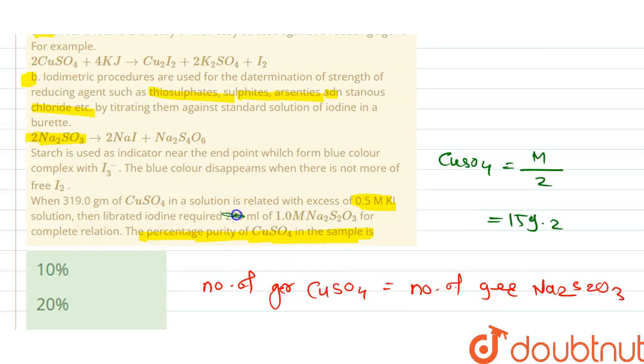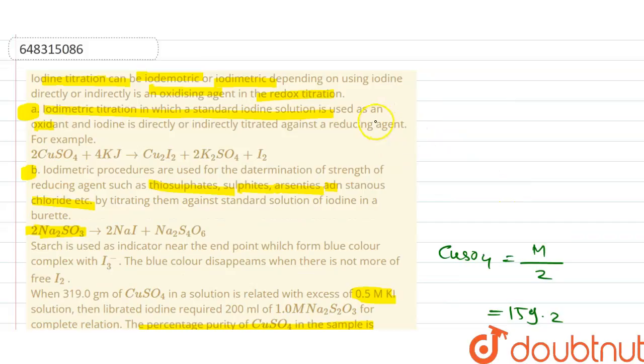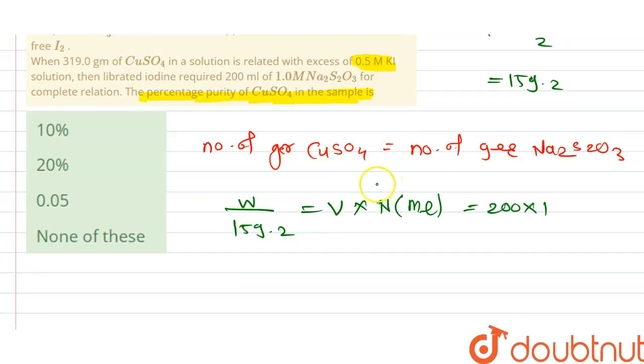Here we can see that 200 ml and 0.1. Here 1 is the oxidation state change, like Na2S2O3.